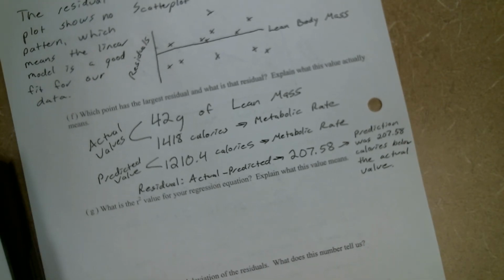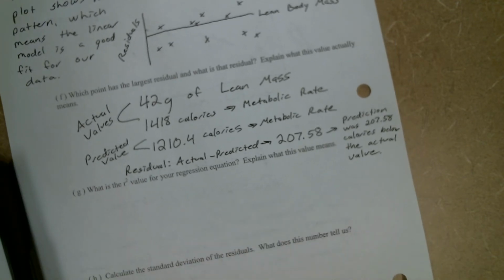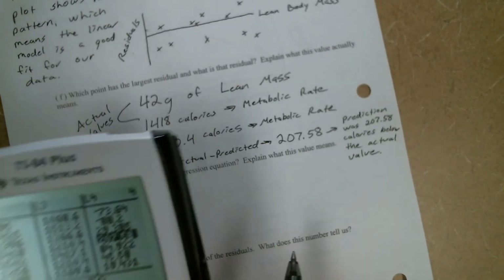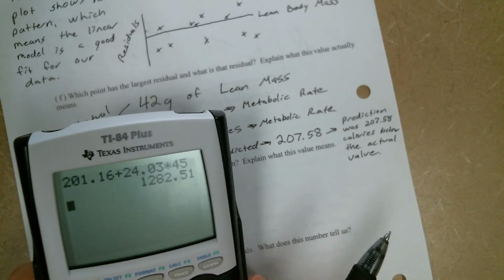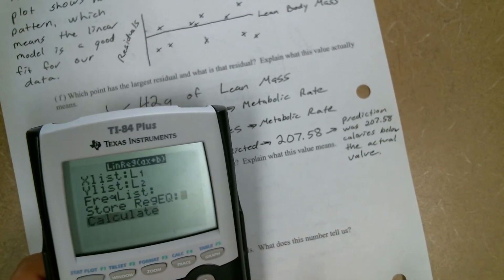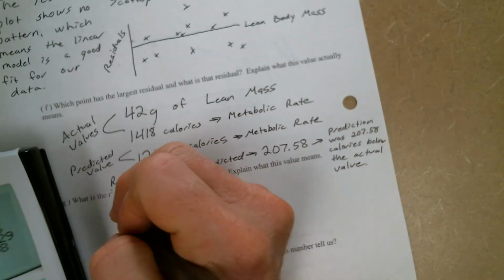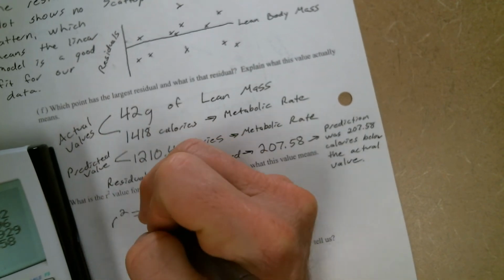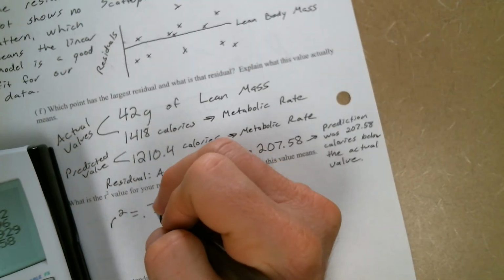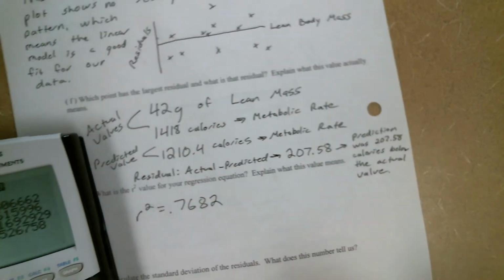All right, what is the R squared value for your regression equation? Explain what this value means. All right, so again, the R squared, we have to go back and run the regression again. So that's where we get that. So L1, L2. Our R squared value equals 0.7682.